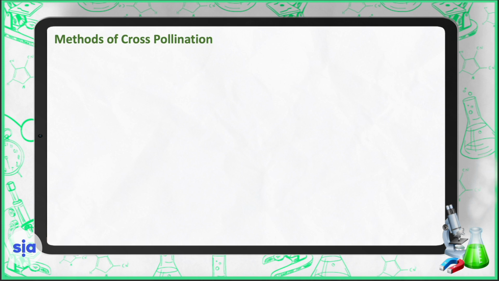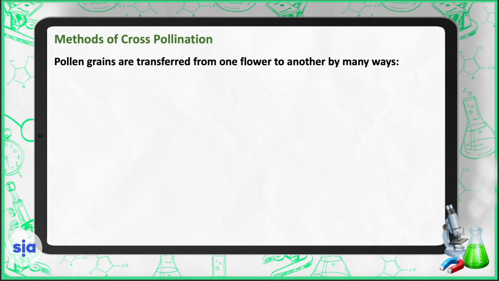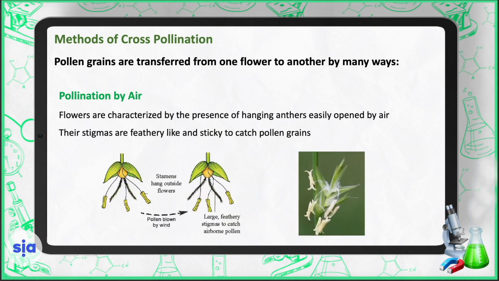Methods of cross-pollination. Pollen grains are transferred from one flower to another in many ways. Pollination by air, where the flowers are characterized by the presence of hanging anthers.